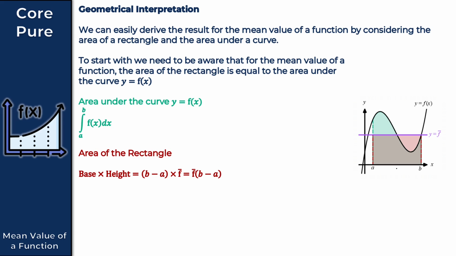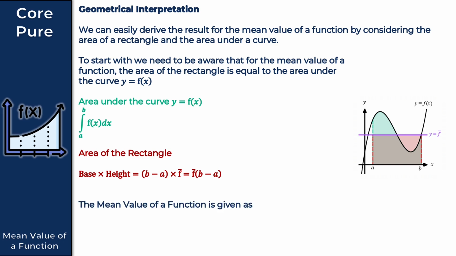So my base here is just going to be b minus a. Now for the height here, my height then is going to be f bar, because y is equal to f bar here. So base times height gives us b minus a times by the height, which is f bar. So in that case then, we just obtain f bar times by b minus a here.